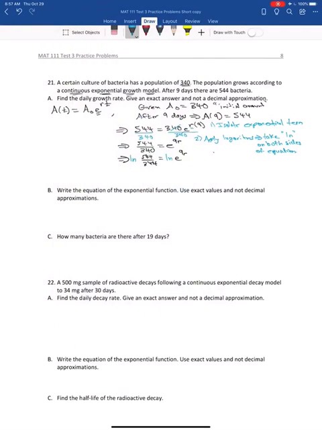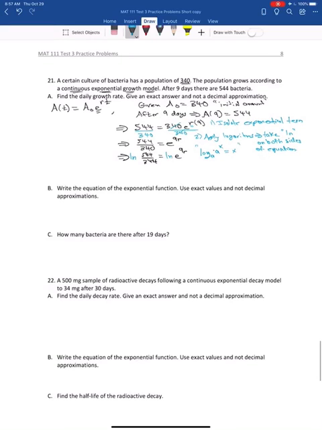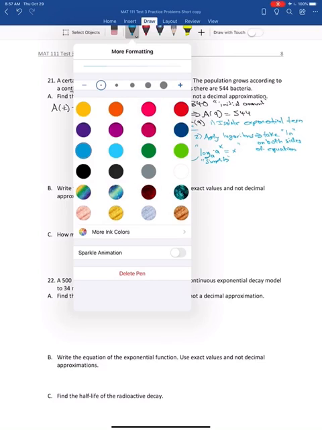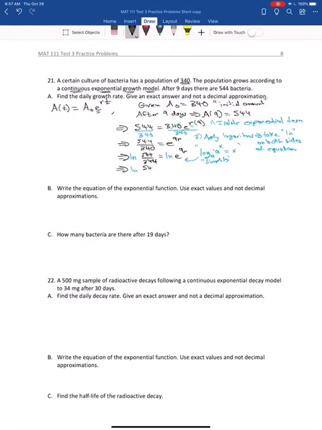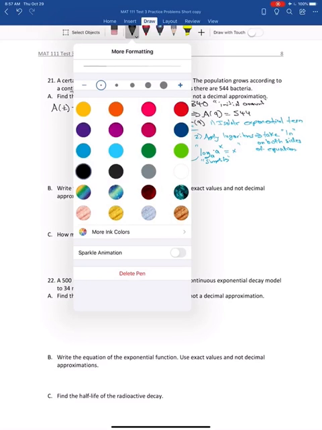Remember, we know that log base a of a to the x power always simplifies to x. So we can apply that here. As we apply that property, we get the natural log of 544 over 340 equal to 9r.